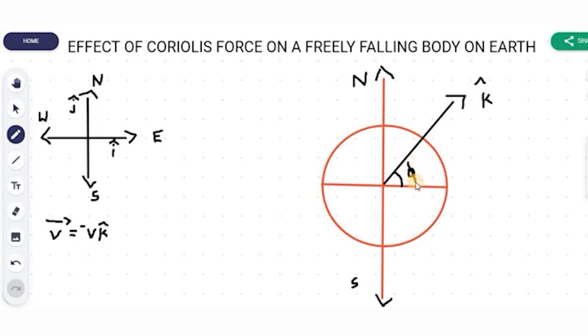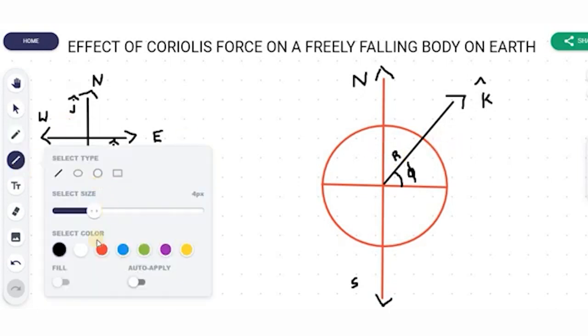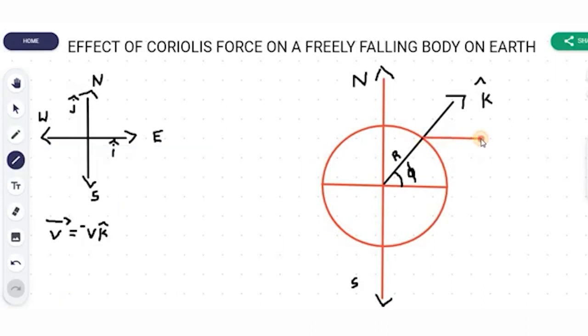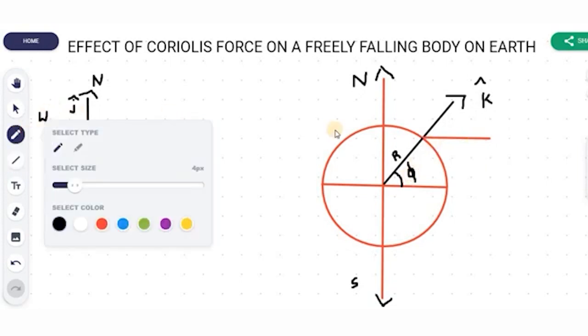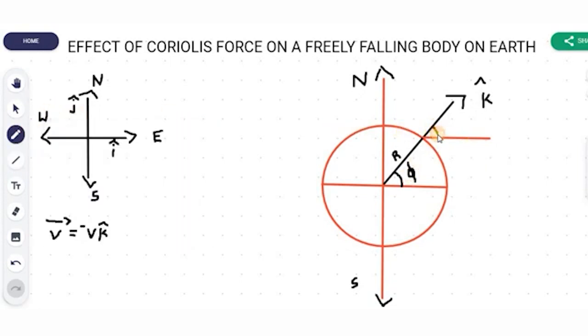Don't get confused. This is the angle phi, and suppose R is the radius of the earth. If I draw a line which is parallel to this red line, parallel to this radius, this angle is phi. Naturally, this angle also will be phi, no issues.